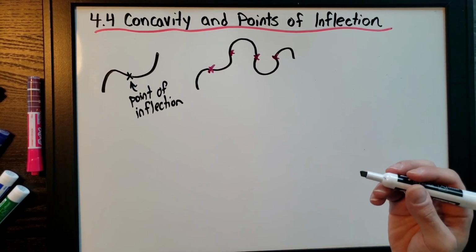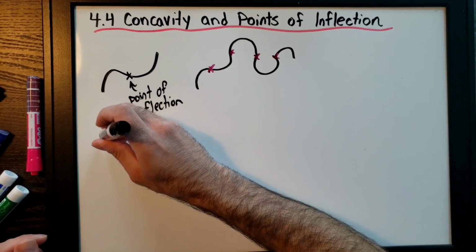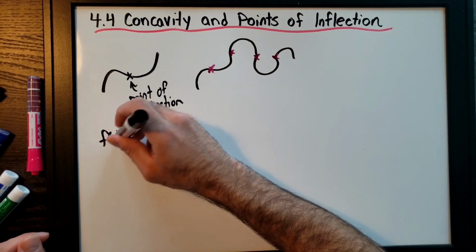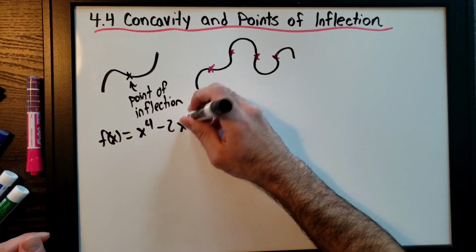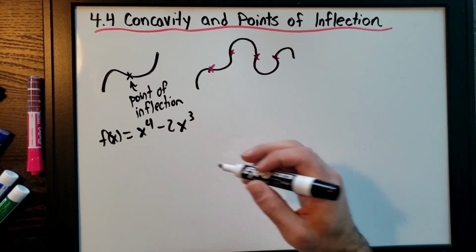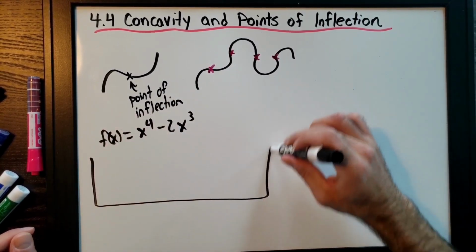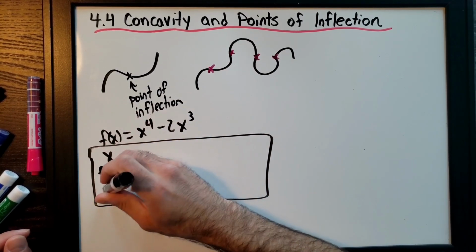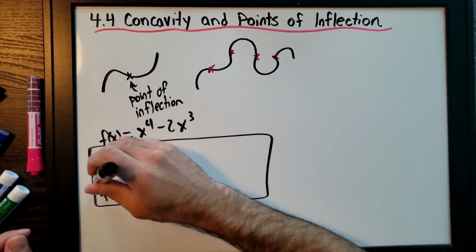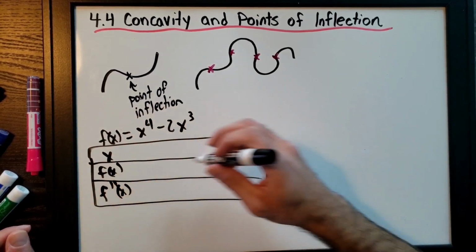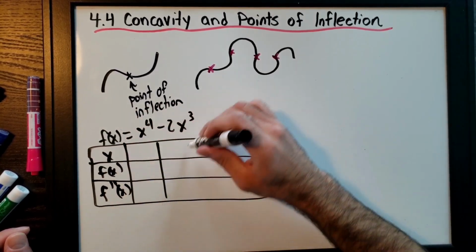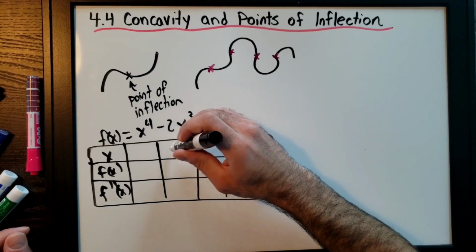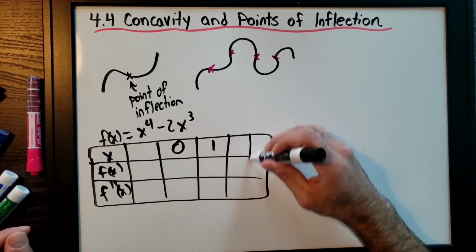Okay, so we're going to use that same chart we just used for the function in the previous example. So we had this function, and our chart was: we had 0, we had 1.